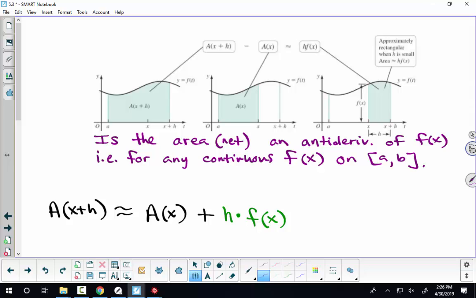So we're just going to look at it visually. If I take the accumulated area all the way up to x plus h, that's my capital A of x plus h.